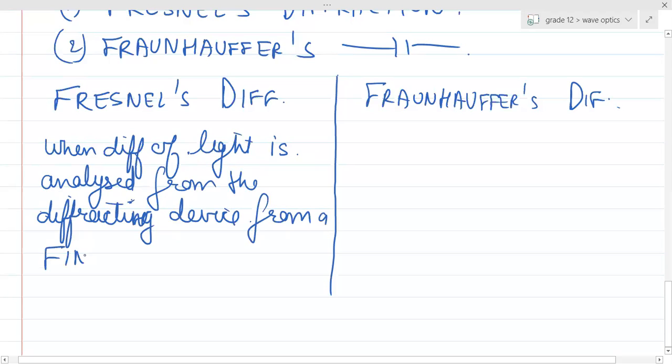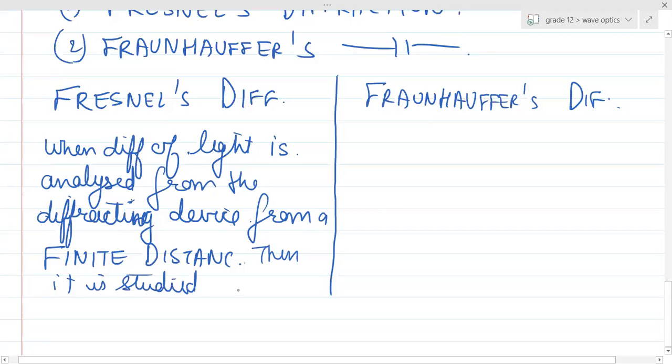This point is very important. From a finite distance, then it is studied under Fresnel's diffraction.